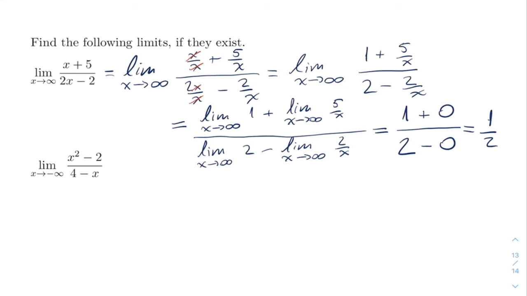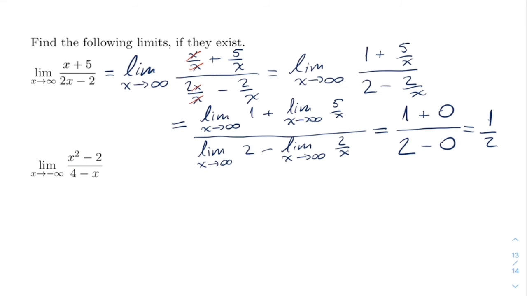Let's try doing the second example here. So now we have the limit when x goes to negative infinity of this rational function, x squared minus 2 divided by 4 minus x. So again, the first step should always be to divide every single term by the highest power that appears in the function. In this case, the highest power is x squared.